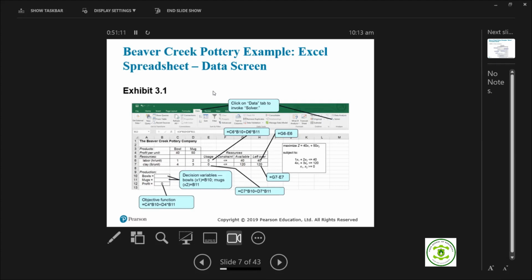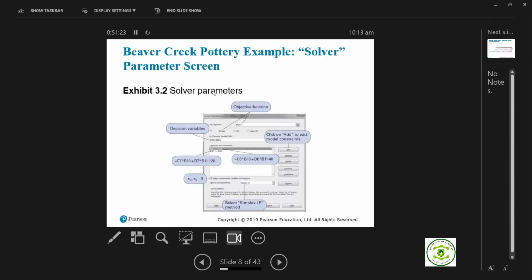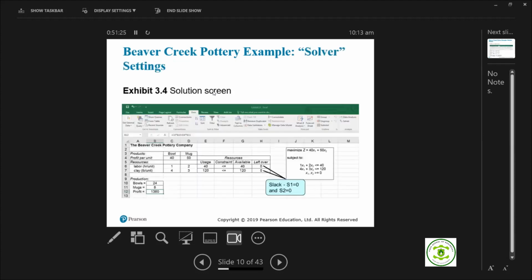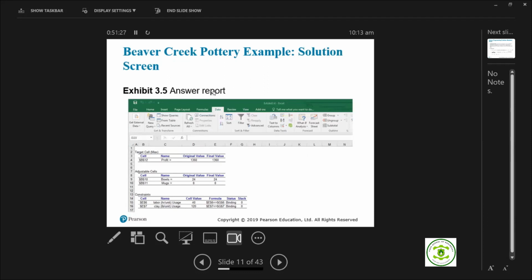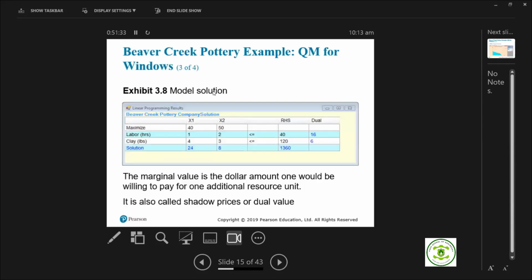You want to know the effect of changes in the coefficients of the parameters on the optimal solution. And that's why I made you generate the sensitivity report. Remember, we discussed the answer report, so now we have to discuss the sensitivity report.